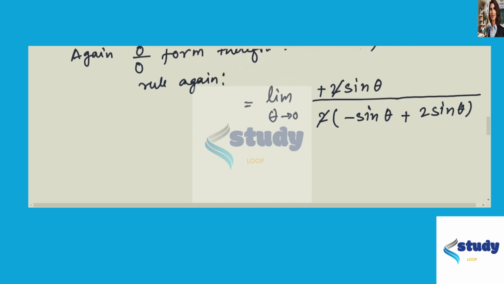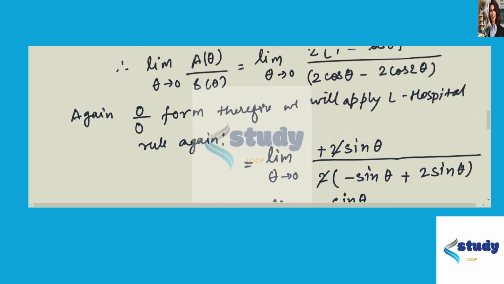We will be getting limit theta tends to 0 of sine theta upon minus sine theta, I'm sorry, this is sine 2 theta, right?